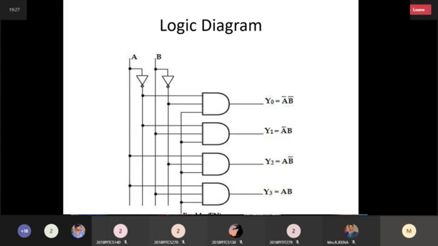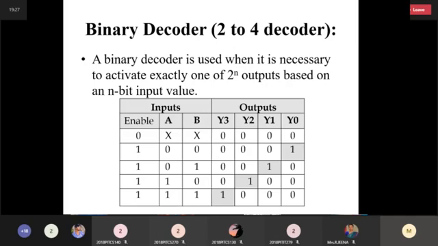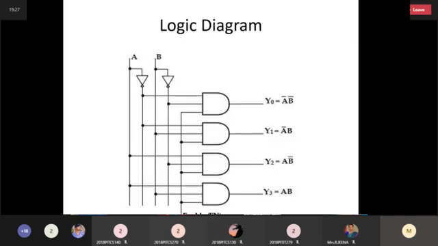Next, what is the second input? A is 0 and B is 1. So we use A complement and B variable. Then the enable signal. So your output will be A complement B.